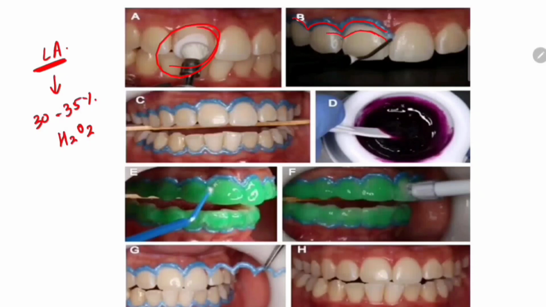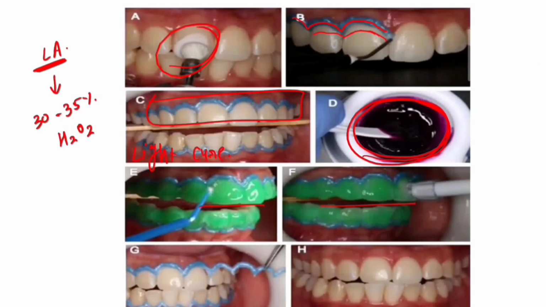After applying this gingival dam, we cure it with the light cure. Then take out your hydrogen peroxide gel. We apply this over the teeth, and for 15 minutes it should be present on the teeth.